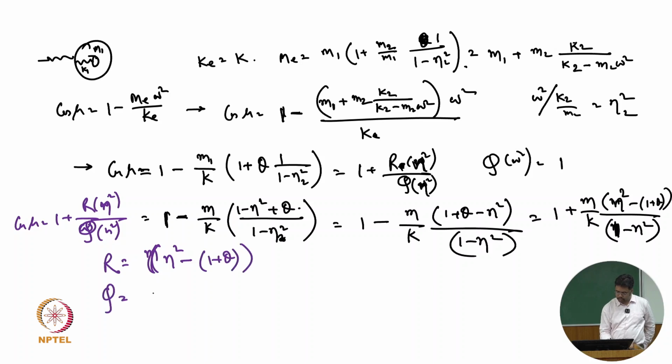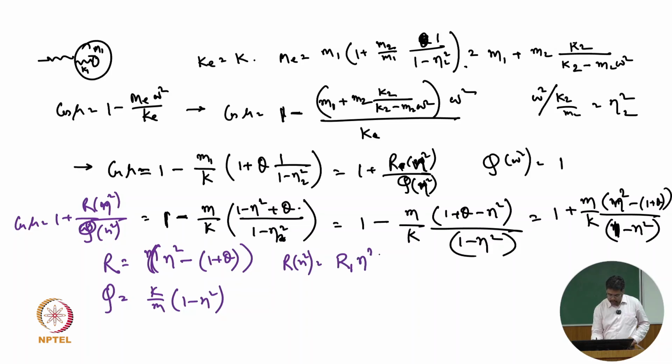And what is q? Q is k by m into 1 minus eta square. So how can I write r eta square? That is equal to r1 eta square plus r0. So what is my r1? R1 will be equal to 1, and what is my r0? R0 will be equal to minus 1 plus theta.